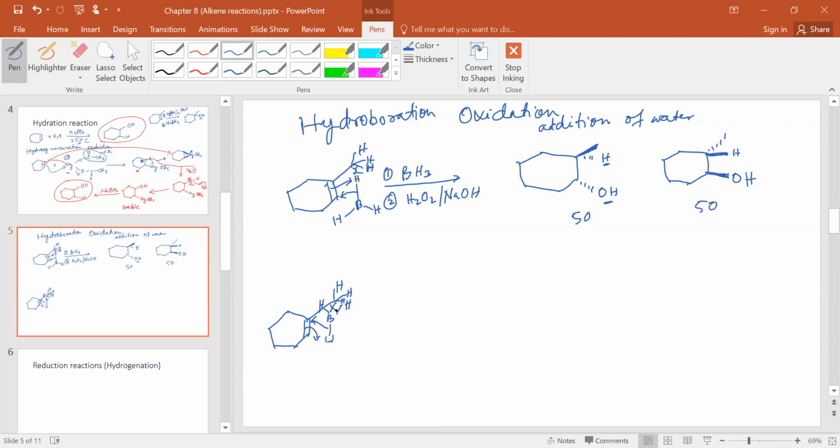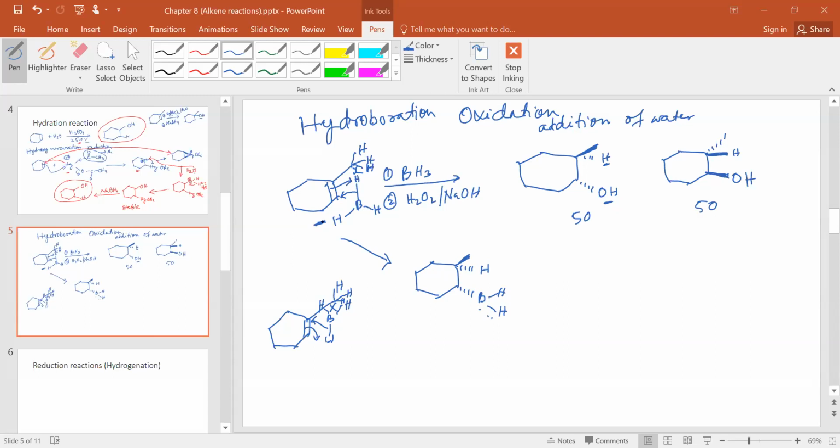So this product is the syn addition, in such a way that it minimizes the steric hindrance. I'm writing just one isomer, and boron will be here. It has two more boron hydrogen bonds, so you can add two more olefins. That is not always true, but it happens.